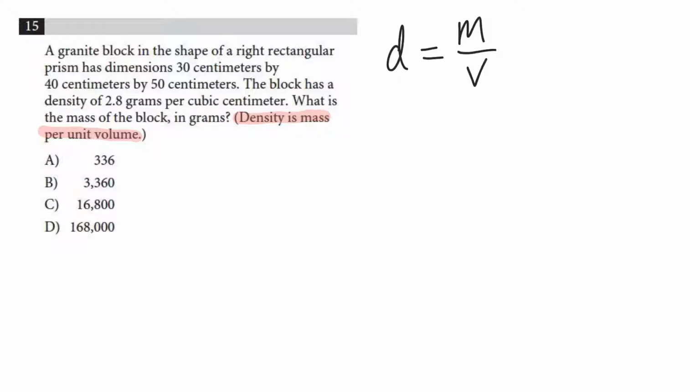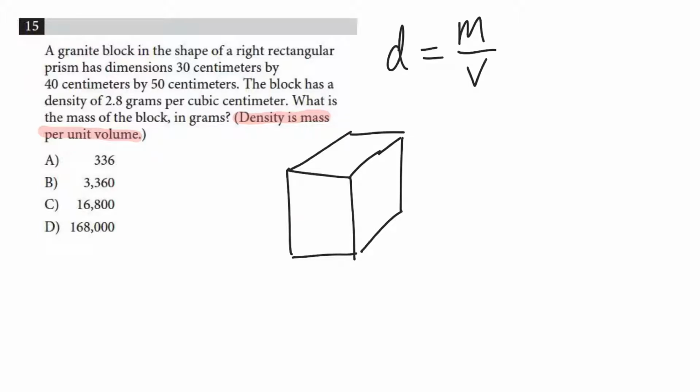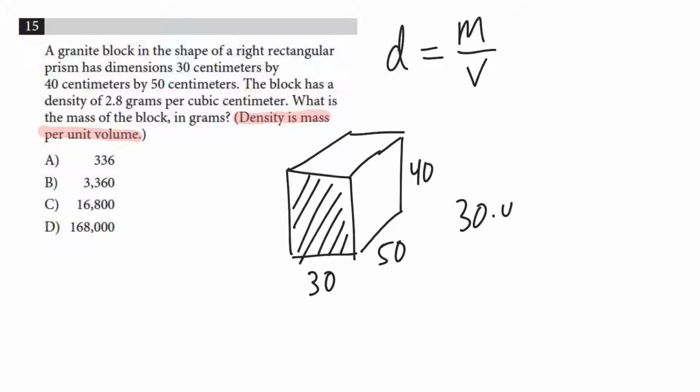Okay, so let's do some calculations here. We have a rectangular prism, and we know that it is 30 by 50 by 40. So the volume is going to be the area of one of the faces times the depth. So we're going to have 30 times 40 times 50.